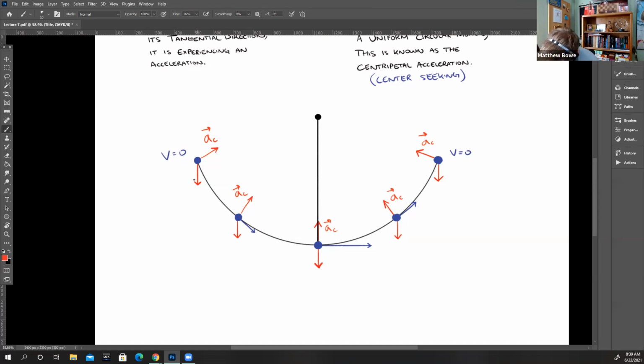So this is the acceleration due to gravity, like this, and like this, like this. And you notice they're all the same general size, same magnitude. It's because gravity is just about the same everywhere on Earth.